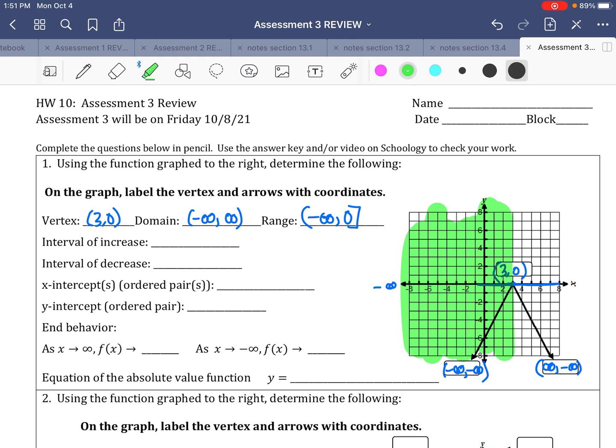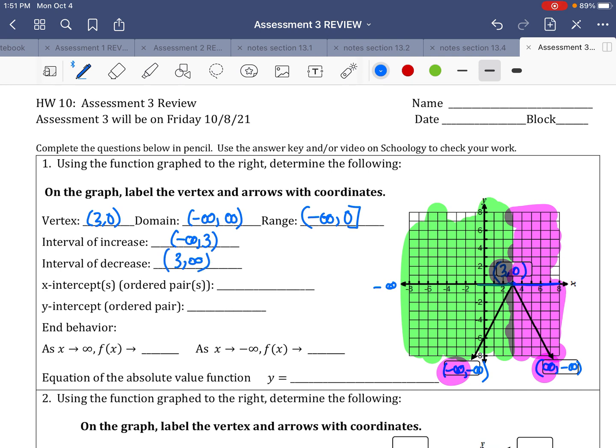Those are simply the values, negative infinity to 3, so we're going to write that. And then the decreasing area would be the 3 again, but this time to positive infinity, because from 3 over, this section over here is decreasing. So from 3 to the right.